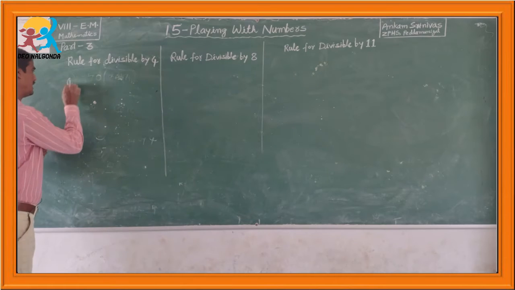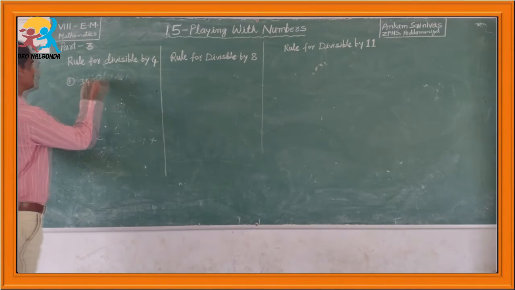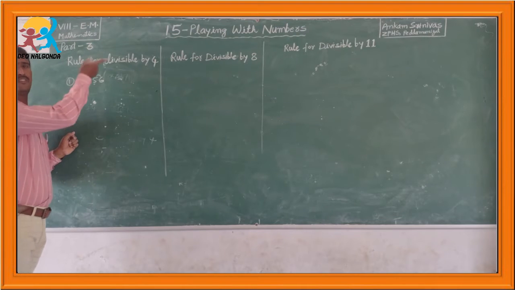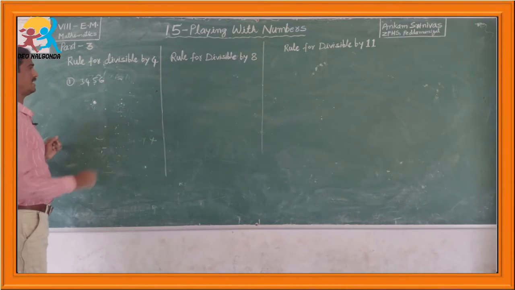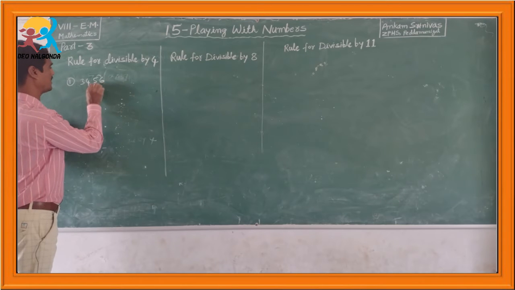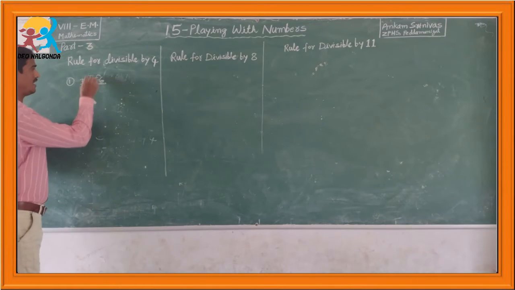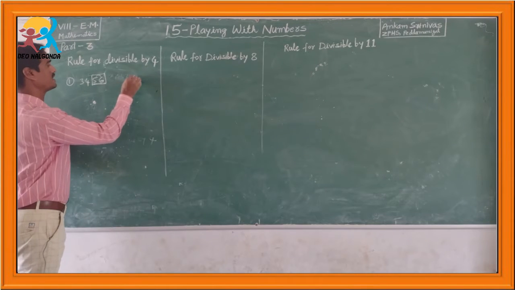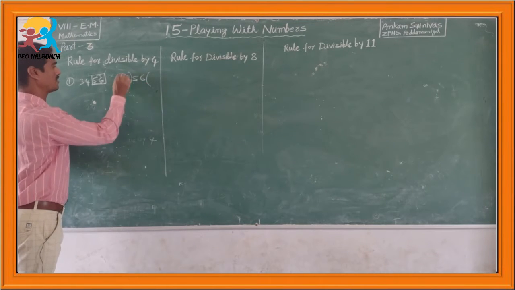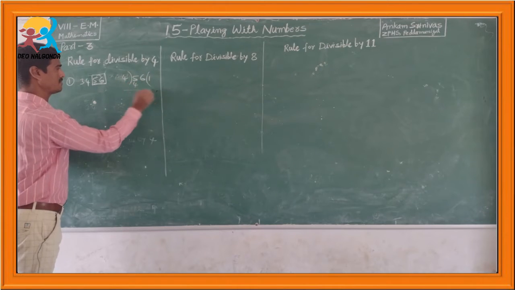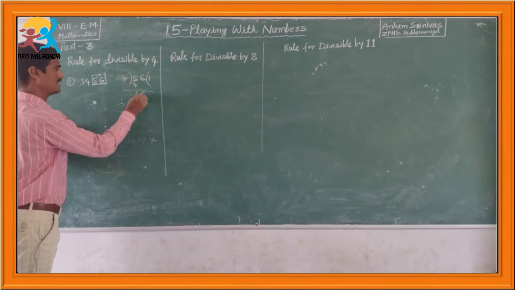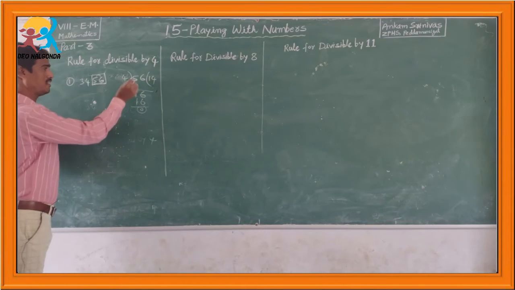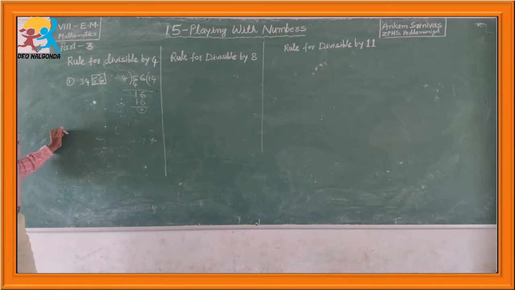Now I am taking another example, 3456. Check whether it is divisible by 4 or not. How to check? Very easily. Take the last 2 digit number. The last 2 digit number is 56. Is it divisible by 4? 4 ones are 4, 5 minus 4 is 1, 6. 4 fours are 16. Remainder 0. So 56 is divisible by 4.